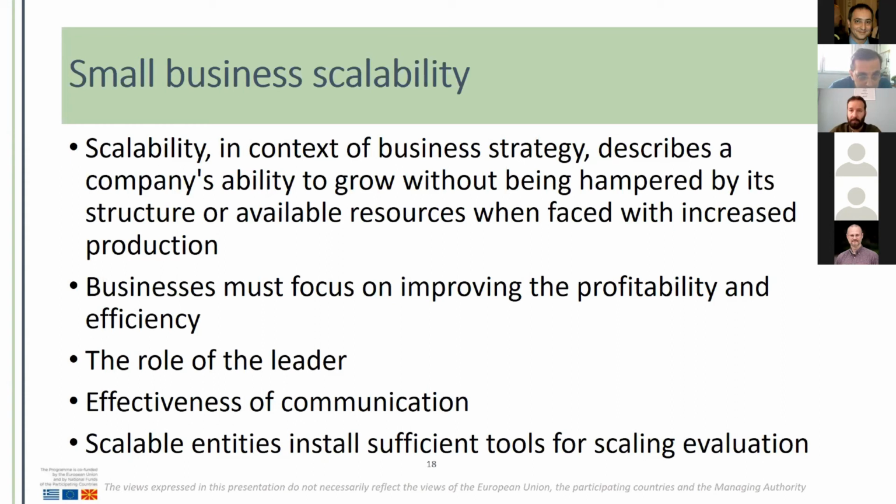So in the context of business strategy, scalability describes a company's ability to grow without being hampered by its structure or available resources when faced with increased production. The businesses must focus on improving the profitability and efficiency. Here, the role of the leader is really important. The entrepreneur is the one that's going to take the role of the leader, and effectiveness of communication.